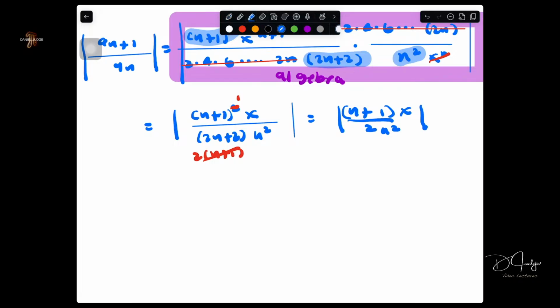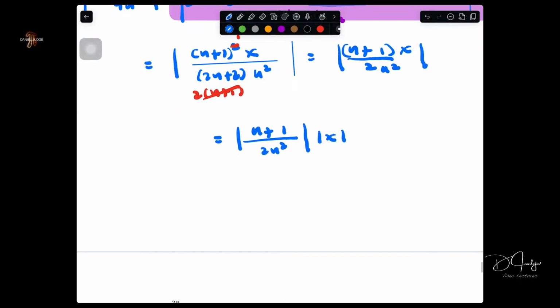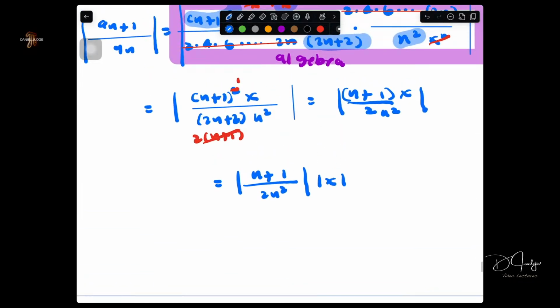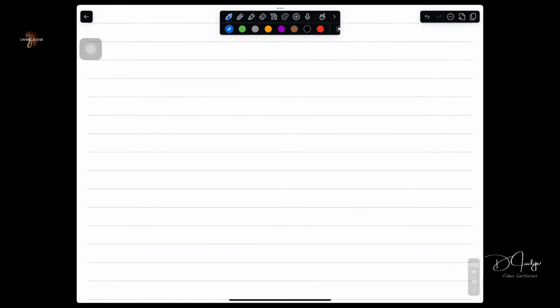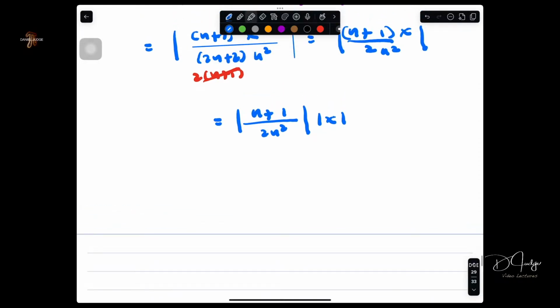Remember this. By properties of absolute value, this is n plus 1 over 2n squared times the absolute value of x. And all of these terms are positive for the first terms, not the x values.